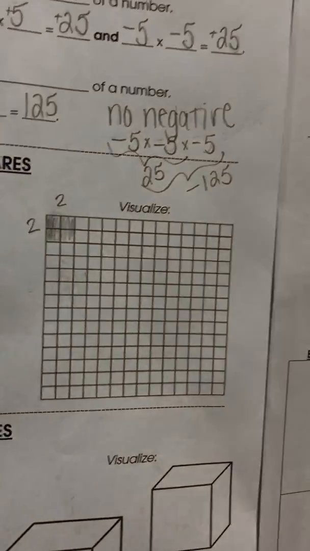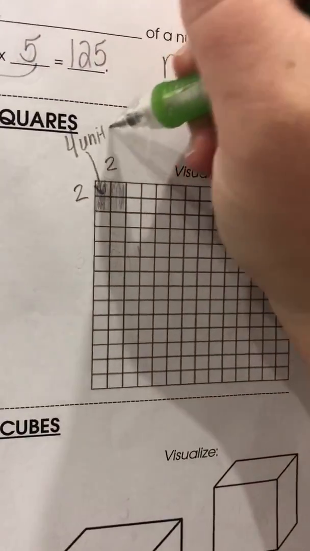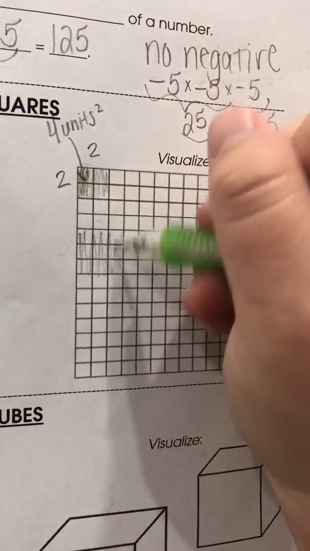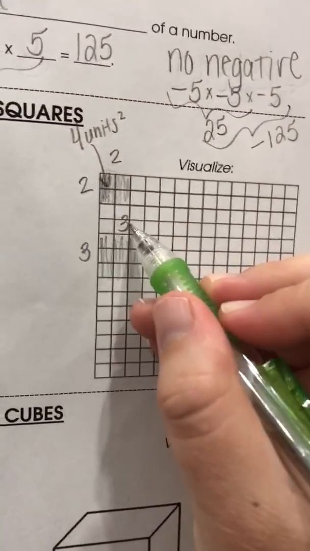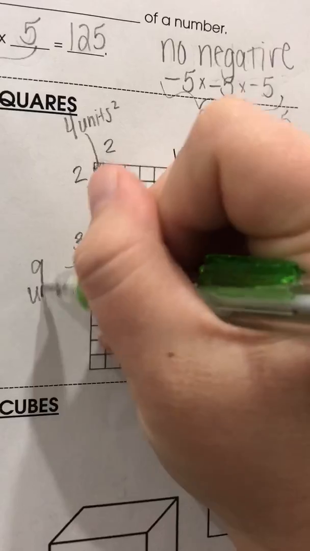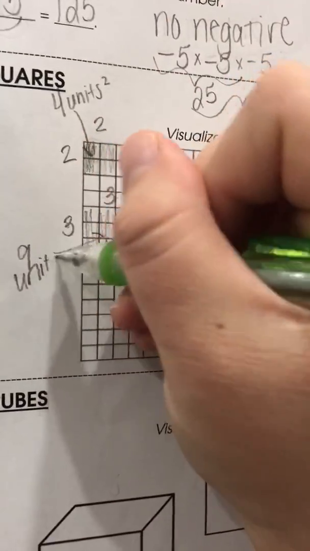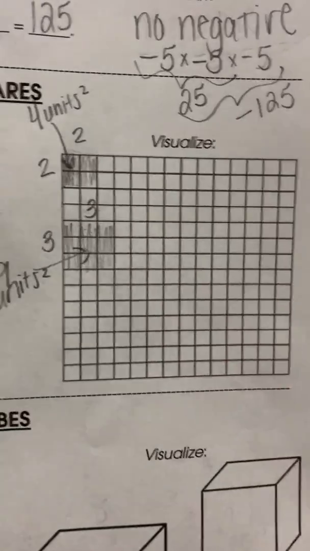And when I find the area of that, 2 times 2 is going to be 4 units squared, right? What if I have a 3 by 3 block, a 3 by 3 square? Well, if I do 3 times 3, that's going to give me 9 units squared for my area. So that's kind of the visualization behind that.